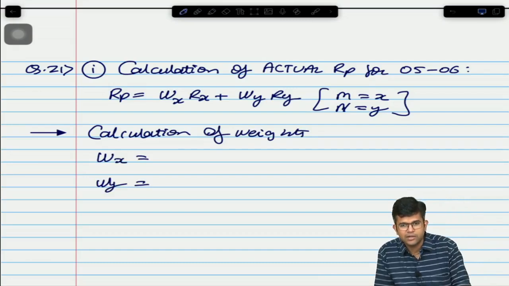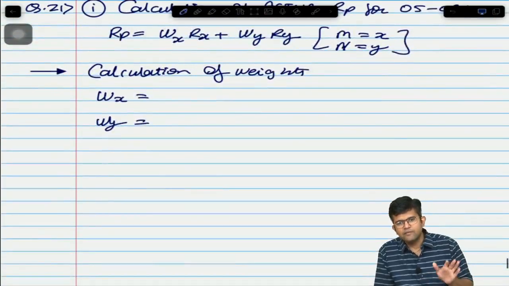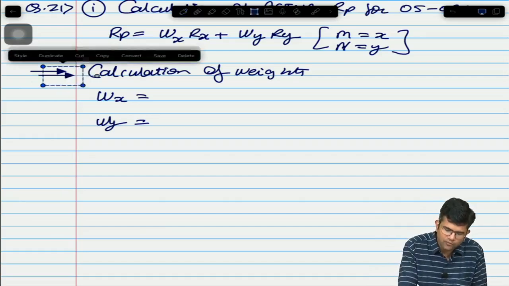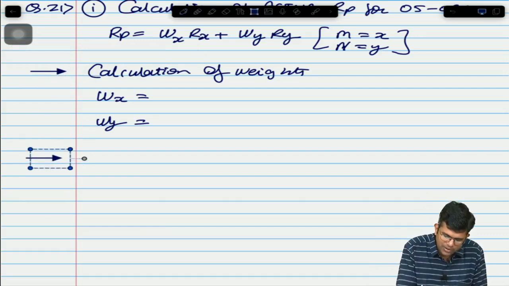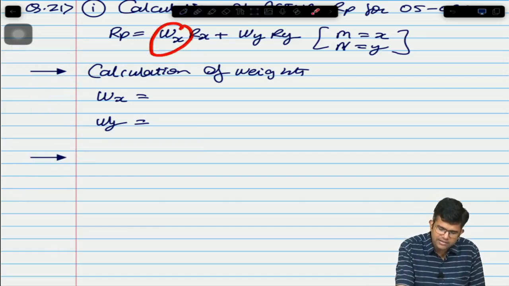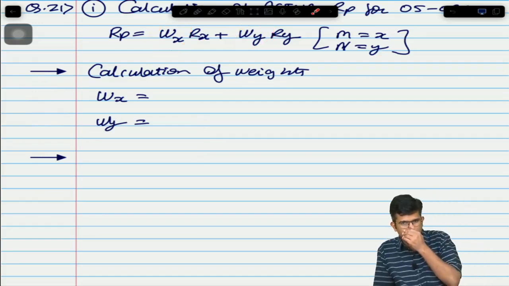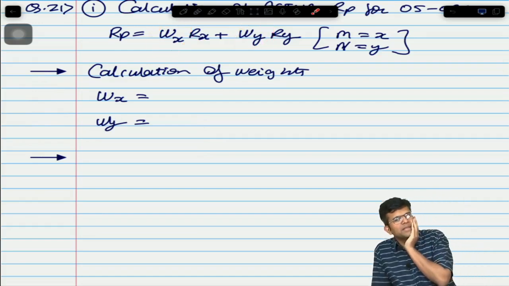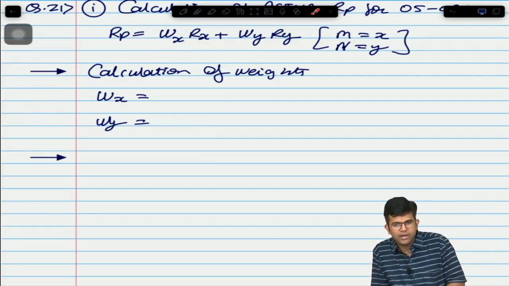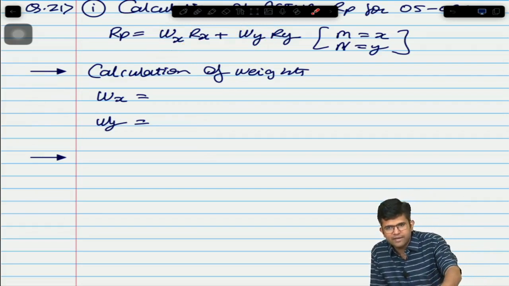Okay, this is calculation of weights. Weights, now I hope you remember, depend on your investment. Okay. Next, students, tell me what do I want to find next? Tell me on chat box. I want to see how alert you are. Once I get the weights, then tell me what do I want to find. Chat box, please. RX and RY. Very good. Correct. I need to find RX and RY.